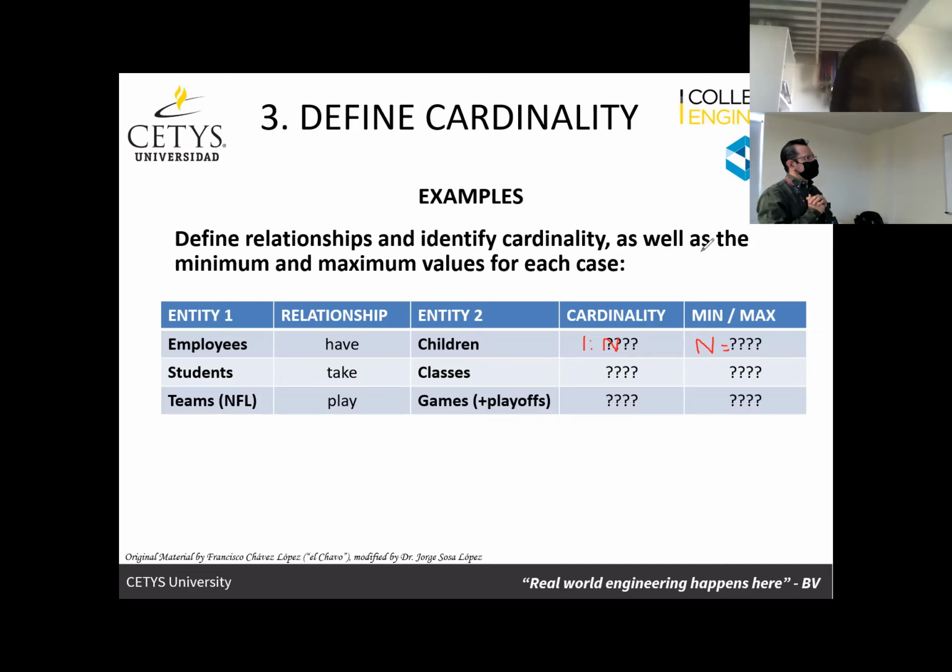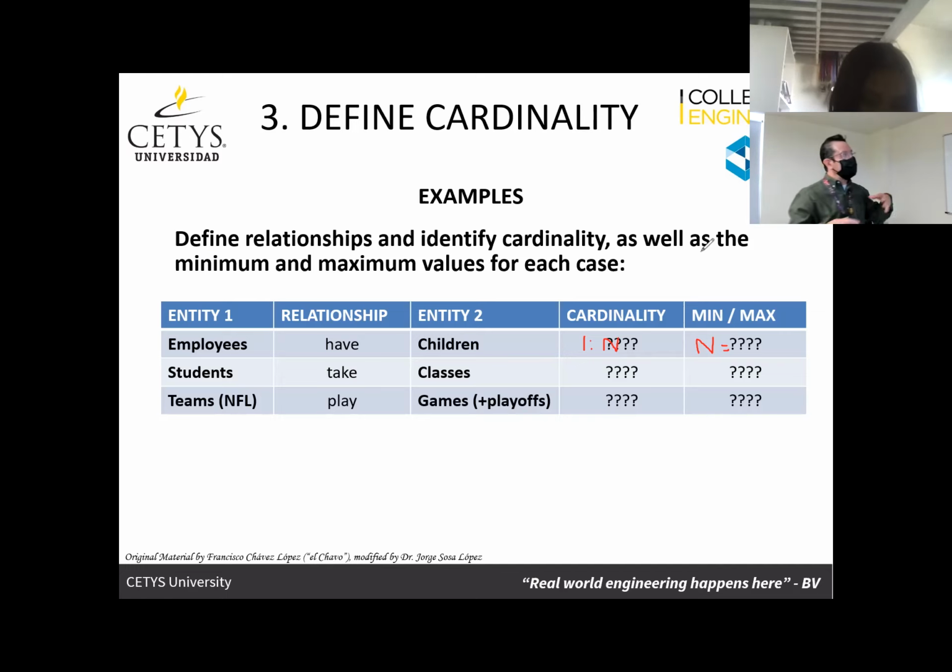If, let's say, right now they hire you to work for a company, how many children do you have? I don't have. Can you say that again, please? I don't have child. You don't have any, right? So what is the minimum amount of children that an employee can have? 0. 0, exactly.